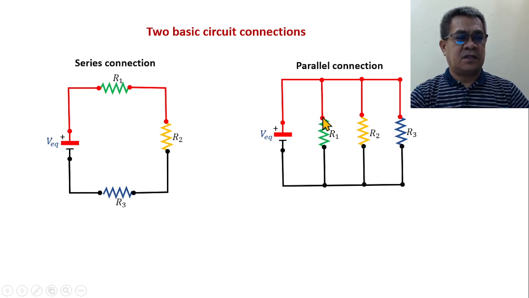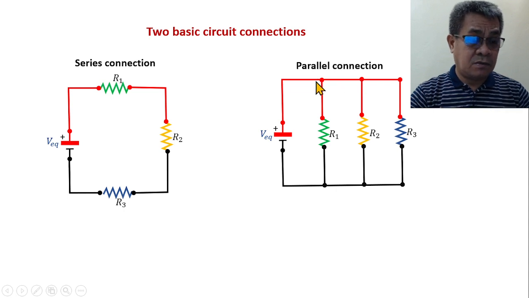Notice that the legs of the three resistors are connected as one. This one connects at that point, this one is also that point, and the leg of 3 is connected to the leg of 2 and connected to the leg of 1.